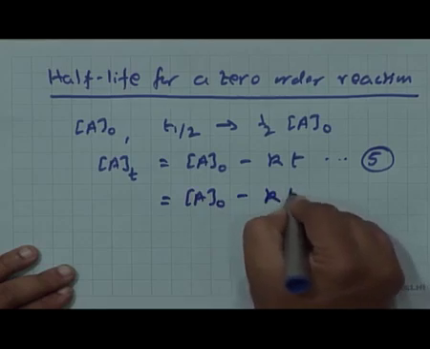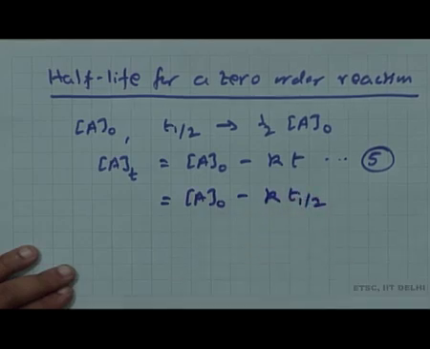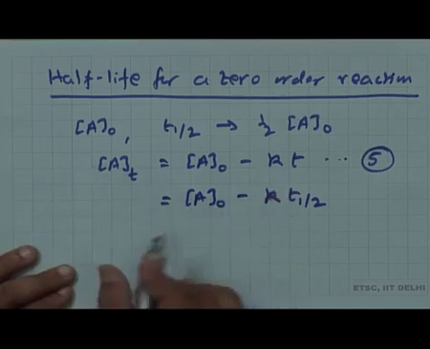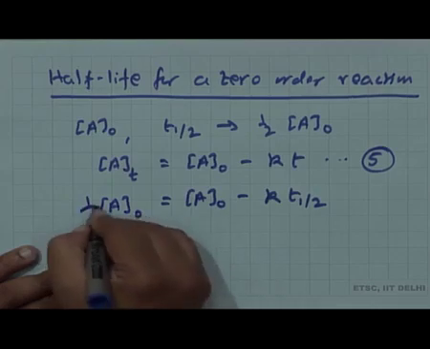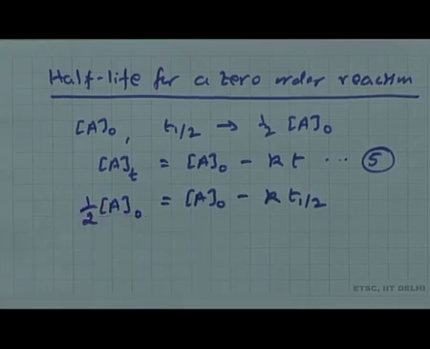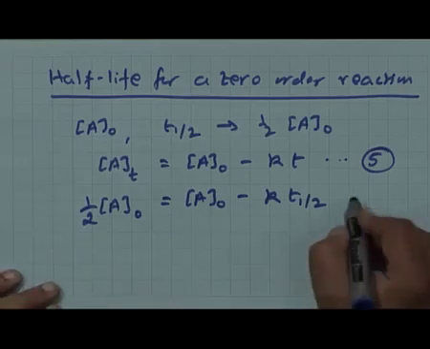What changes in this equation is that t is replaced by t half, and A t gets replaced by half A naught, because that is the definition of t half. T half is the time it takes for the concentration of the reactant to fall to half of its initial value.